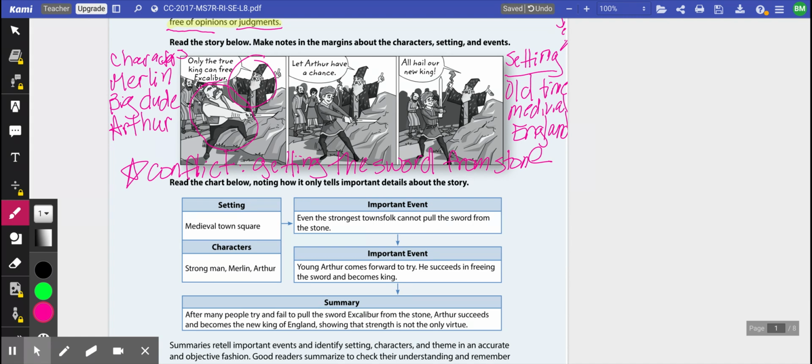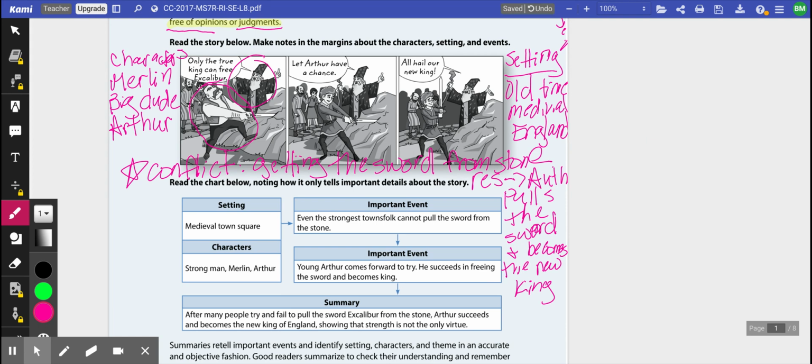That's our conflict. And our resolution. Our resolution is Arthur. I'm going to run out of room to spell his name. Pulls the sword and becomes the new king.